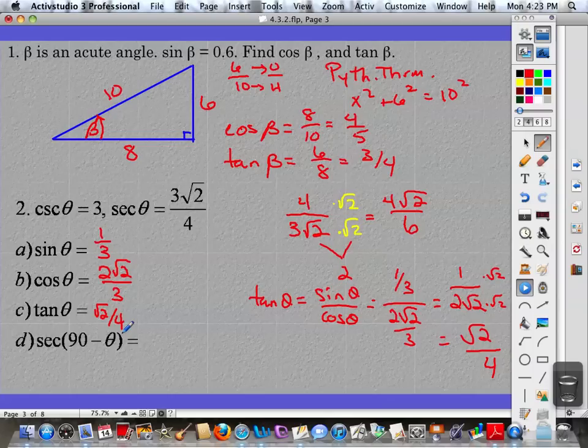So if I'm talking about the secant of 90 minus theta, that's the same value as the cosecant of theta. And the cosecant of theta was defined as 3. So applying those trigonometric identities, those basic identities, to find these other values. Let's move on.